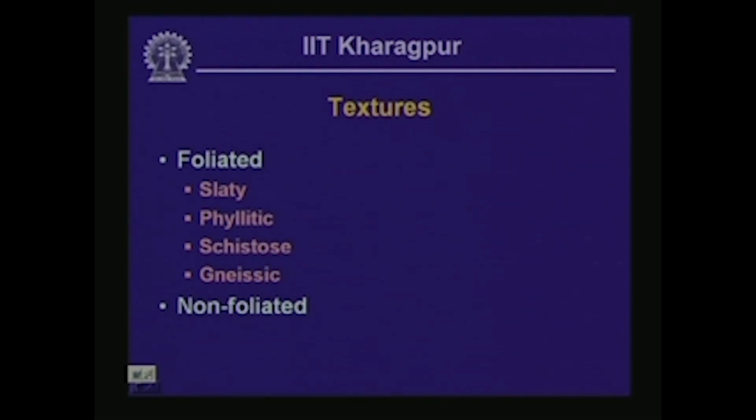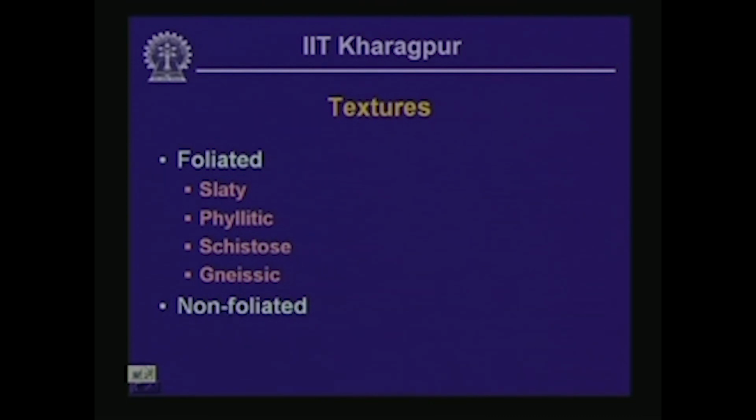Slaty is typically composed of slate-like layers which are quite slippery, with a soapy appearance or soapy feel. Then you have got phyllitic texture, schistose texture and gneissic texture.